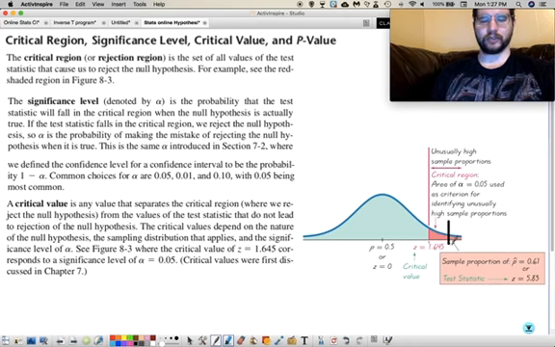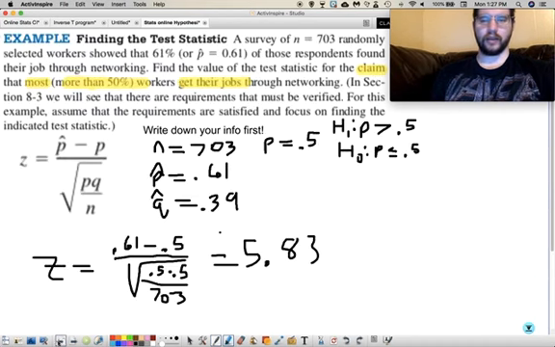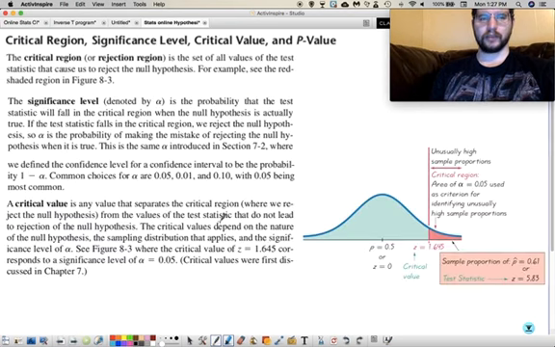So that's definitely in the rejection region for the null. And again, our claim was here in the alternative. Since we rejected the null, we supported the claim, which was in the alternative.